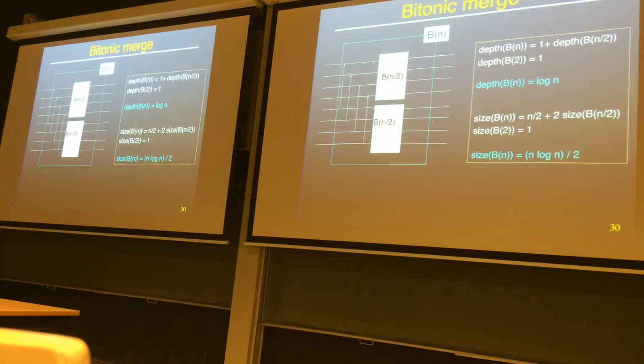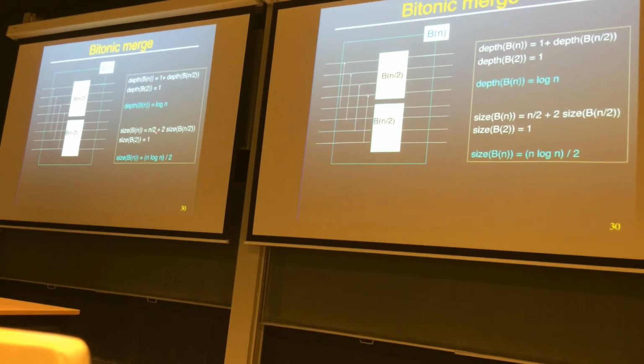So what's the complexity? Well, the depth of Bn is 1 plus the depth of Bn divided by 2. Take an arbitrary output line, and you see that there is one comparator touching it, besides all comparators that are touching this output line in Bn divided by 2. The depth of a B2 network equals 1, and that means that the depth of Bn equals log n. What about the size?